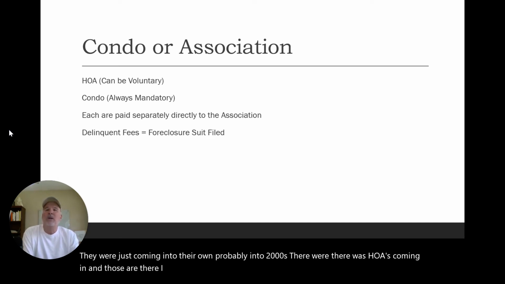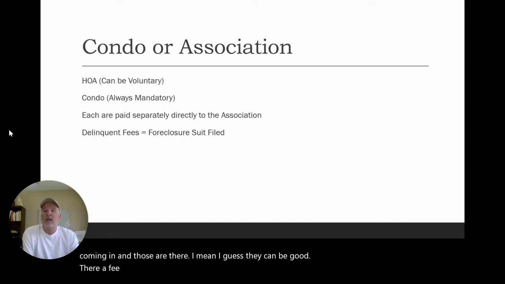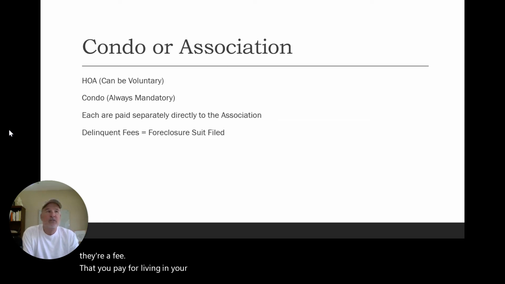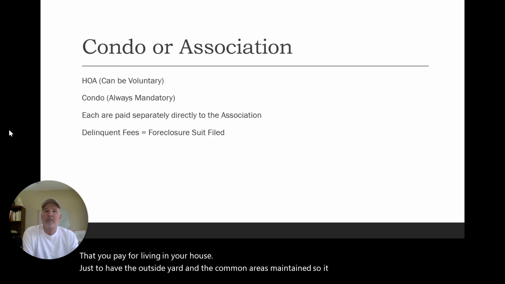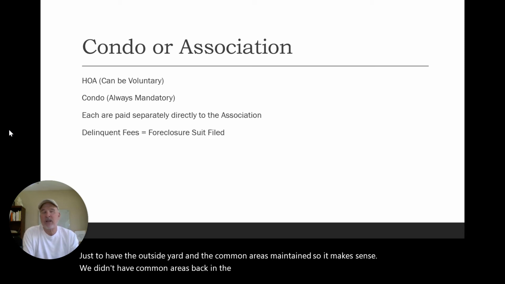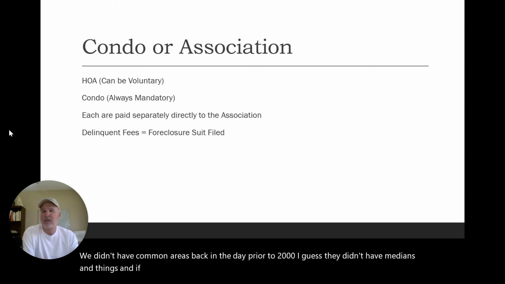I guess they can be good, but they're a fee that you pay for living in your house, just to have the outside yard and the common areas maintained. So it makes sense. We didn't have common areas back in the day prior to 2000. I guess they didn't have medians and things, and if they did, someone cut them, probably the county.